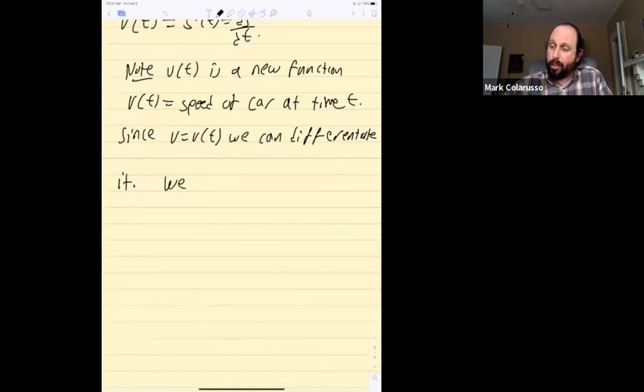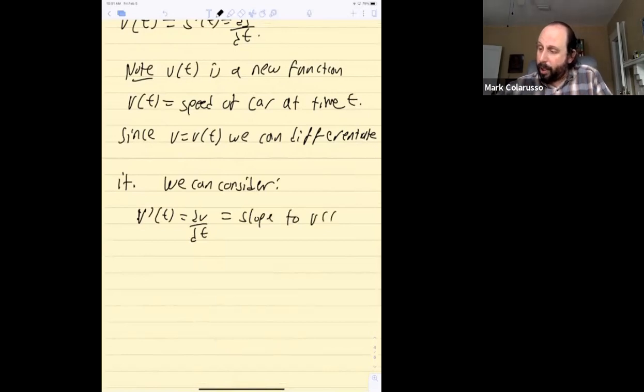We can consider v prime of t equals dv dt. And this would be the slope of the v of t versus t graph at an arbitrary time t.